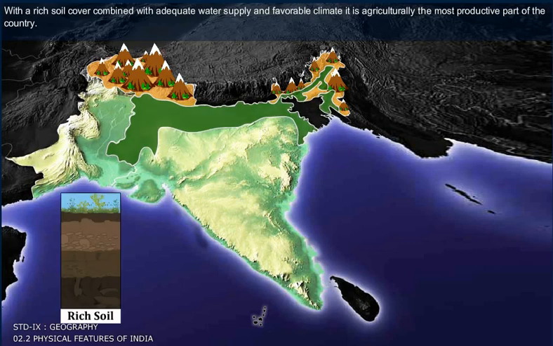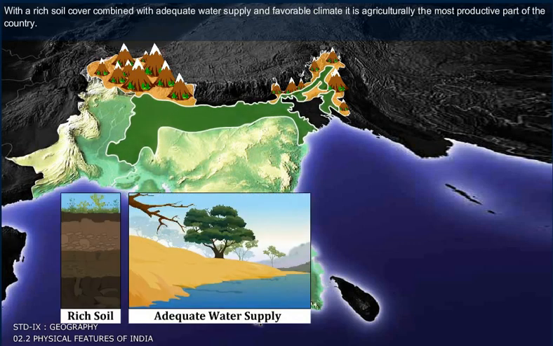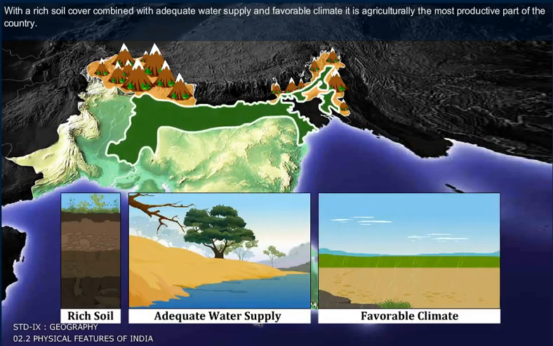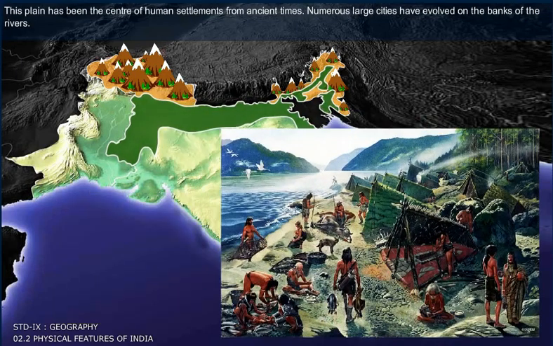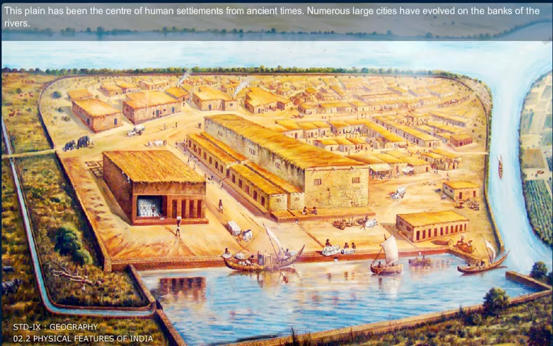With a rich soil cover combined with adequate water supply and a favorable climate, it is agriculturally the most productive part of the country. This plain has been the center of human settlements from ancient times. Numerous large cities have evolved on the banks of the rivers.